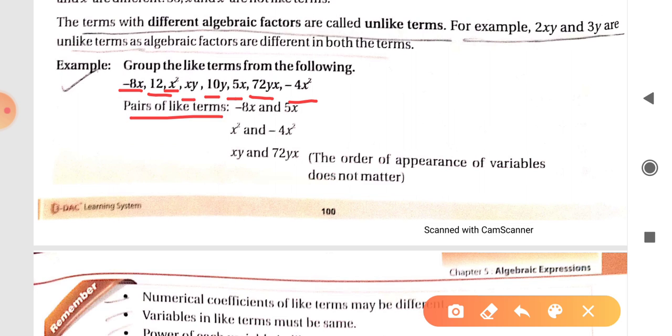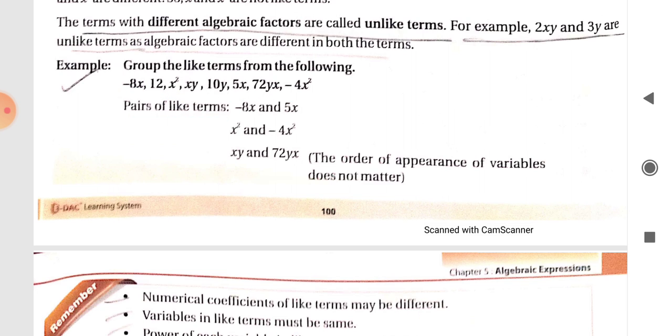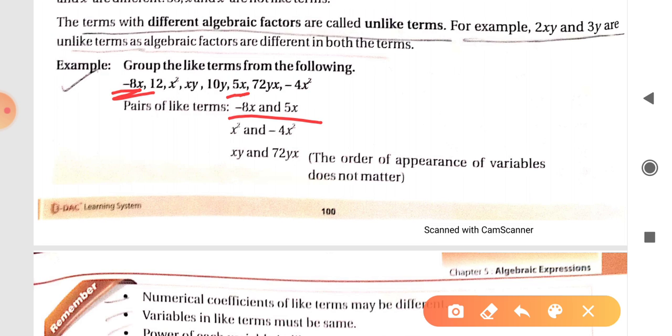The pairs of like terms: first is minus 8x. Now we will find whether there is any term that includes x. Yes, there is 5x and its algebraic factor is the same. So minus 8x and 5x are like terms.